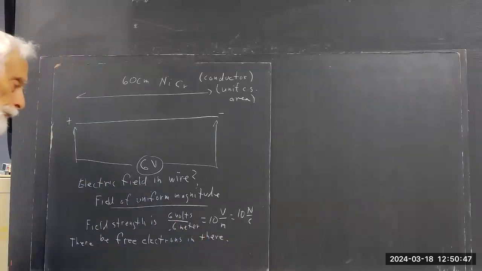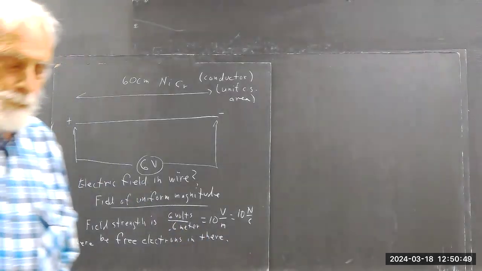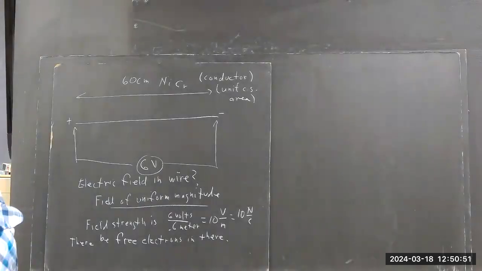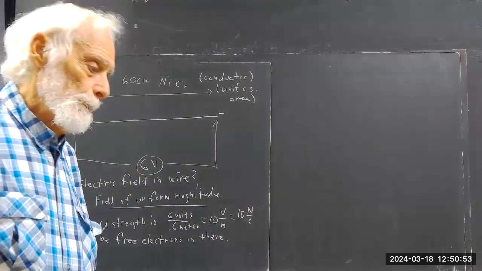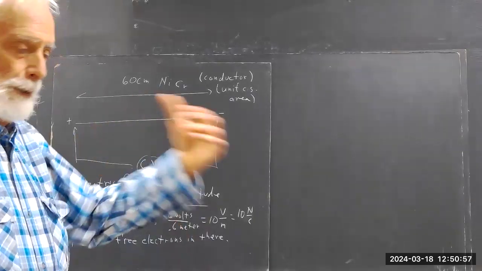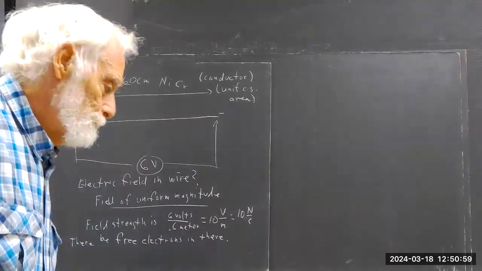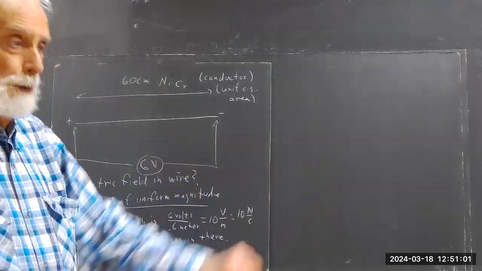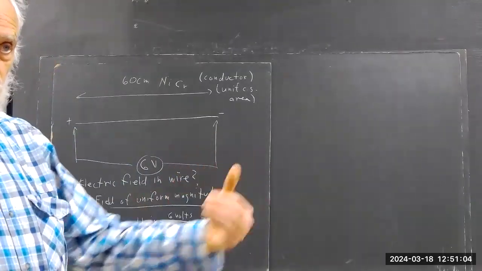There'll be free electrons within there. And this comes down to conduction physics. You can read about it. In a metal, you have basically energy bands, and in the high energy bands, the electrons are extremely loosely connected to individual molecules.